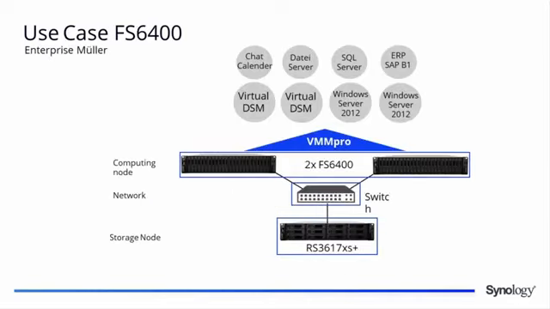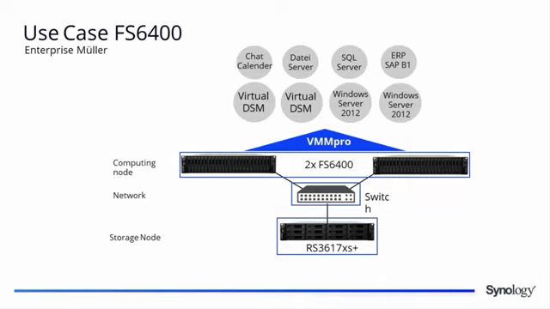When it comes to our FS6400, here you can see the deployment used at the German industrial company Müller. They demanded a highly productive virtualization environment to display their business processes. The best solution for them was a high availability cluster running in conjunction with Synology Hypervisor VMM Pro.